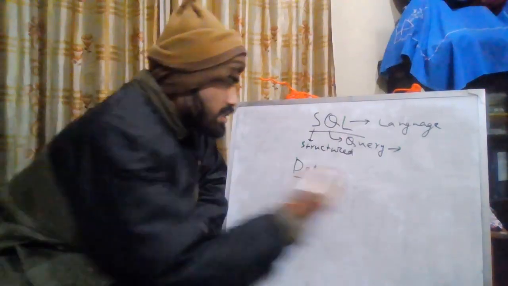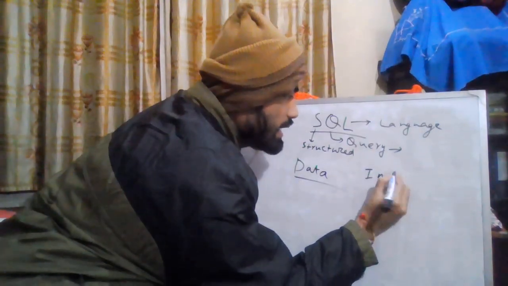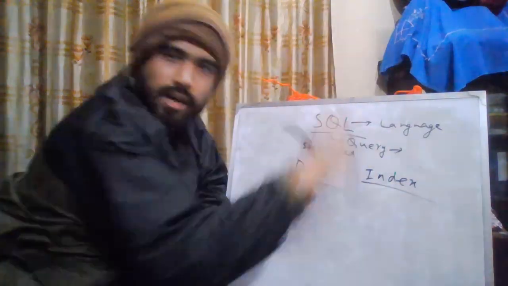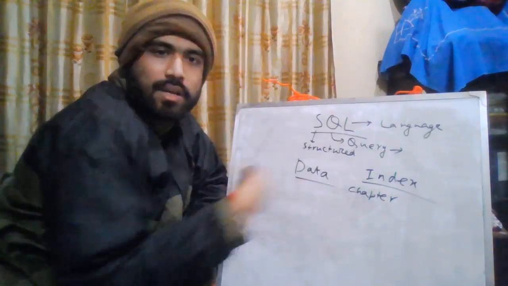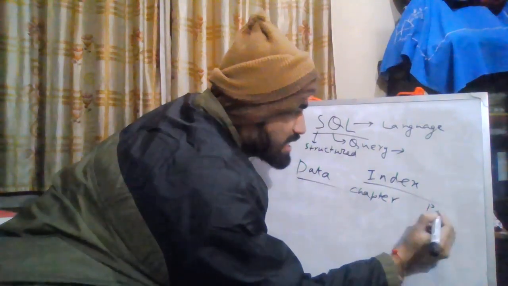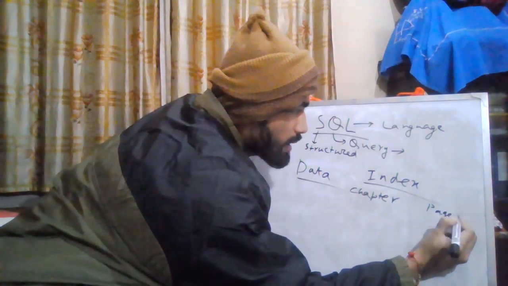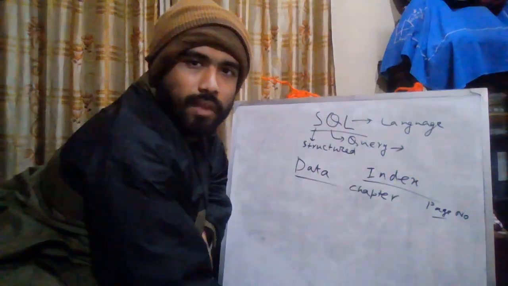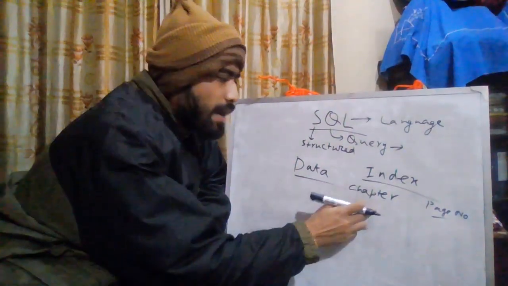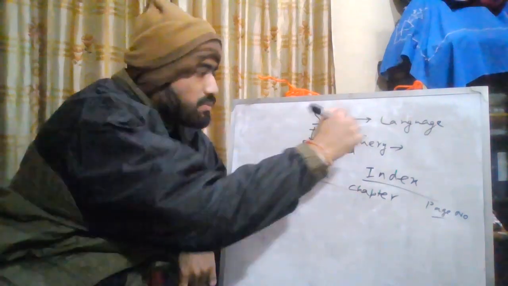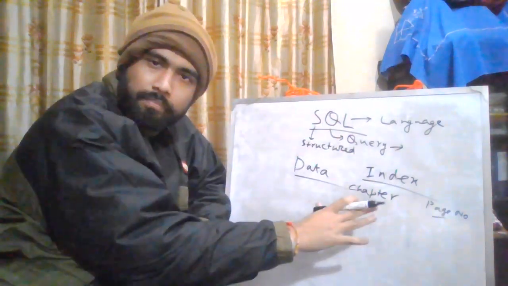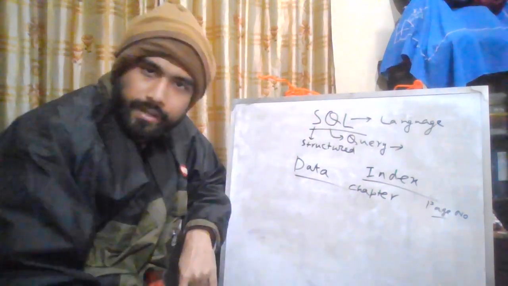In the index page, you have a heading called index, and under index you have two columns. One column consists of the chapter names. Another column is the page number. This also is data. This table consists of data.